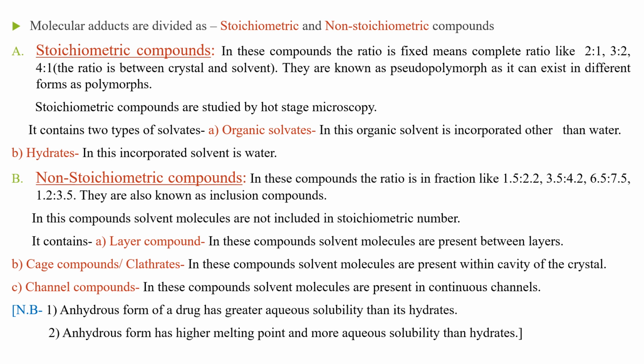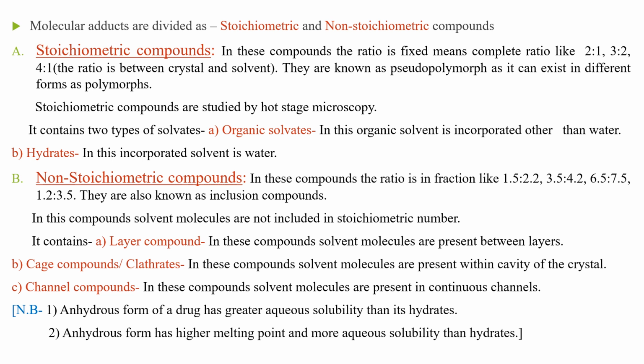This is the ratio between the crystal and the solvent. Stoichiometric compounds are also known as pseudo-polymorphs. Why are they called so? Because they can exist in different forms like polymorphs.